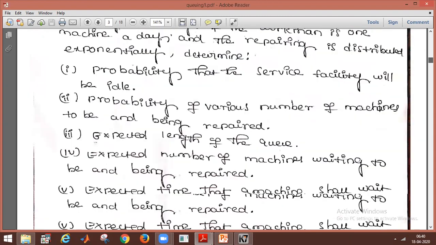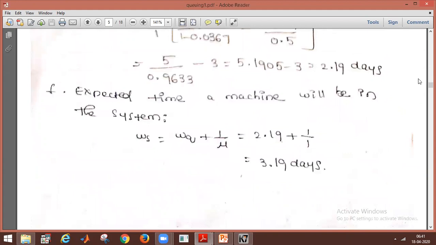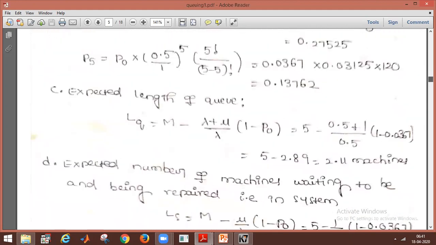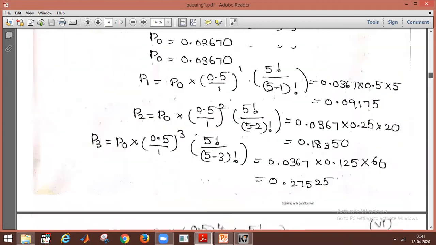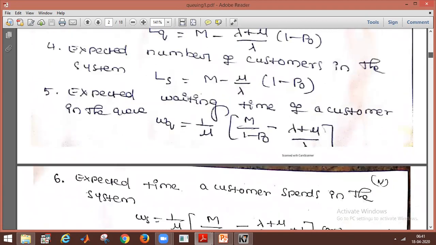This is how to use the formula, and we will get 3.1 days. So model 2 includes various formulas, where n is a finite number.